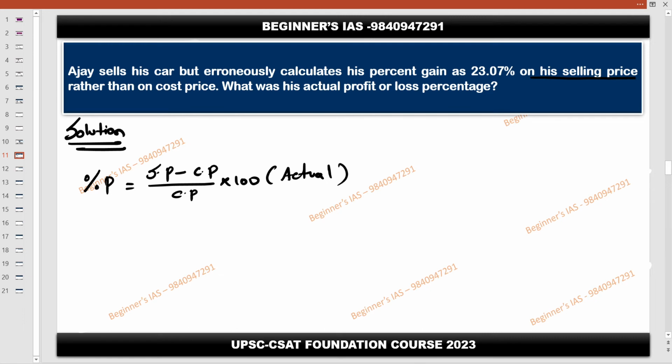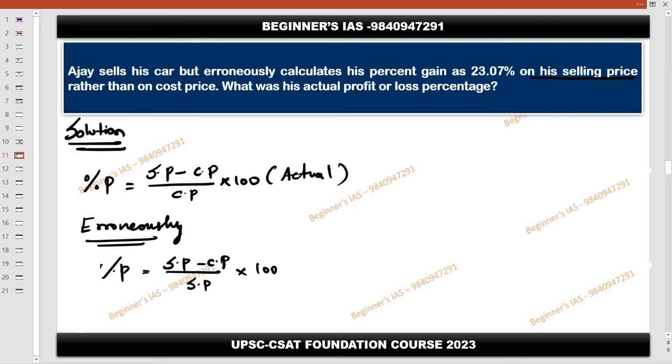Therefore erroneously he has calculated that percentage profit with respect to the selling price here. Understood? So that percentage is nothing but 23.07. You can take SP as common here or else divide that. Therefore 1 minus CP by SP into 100.